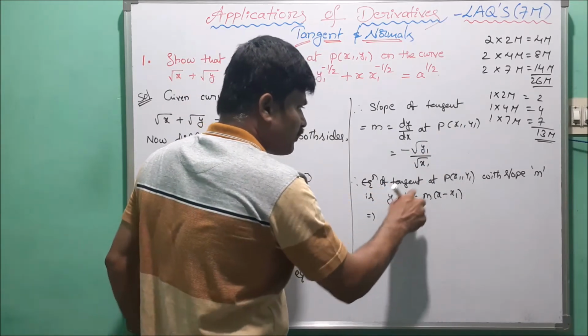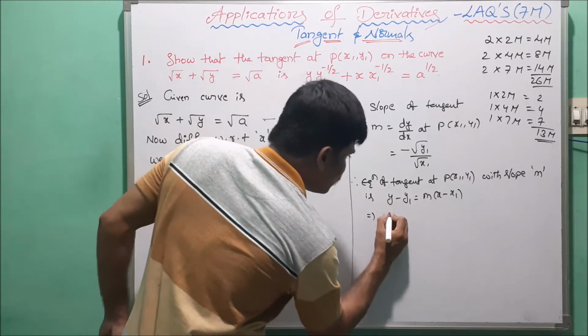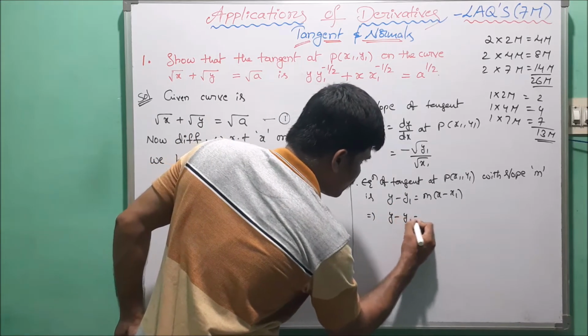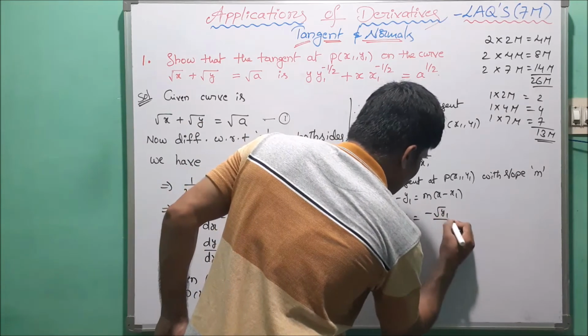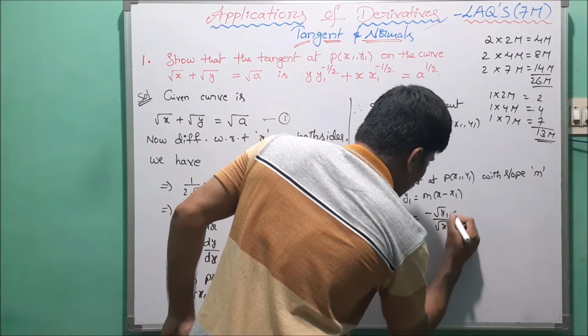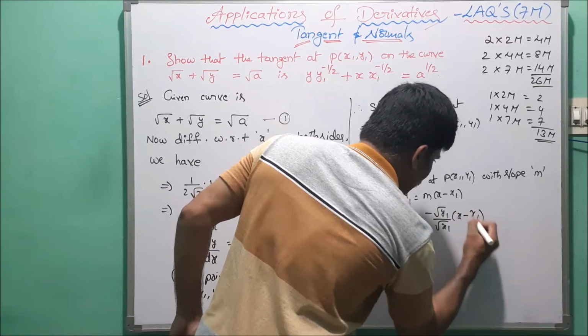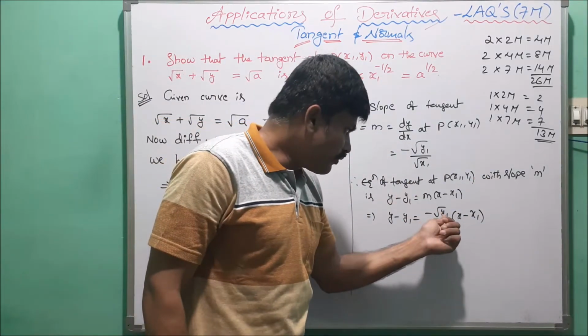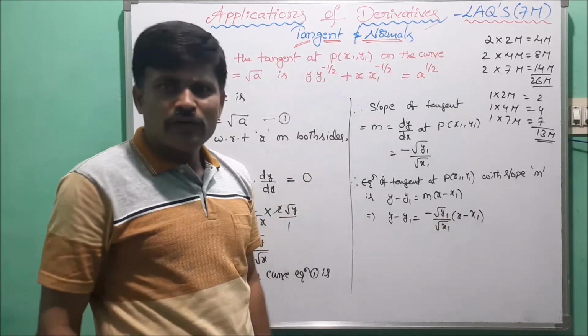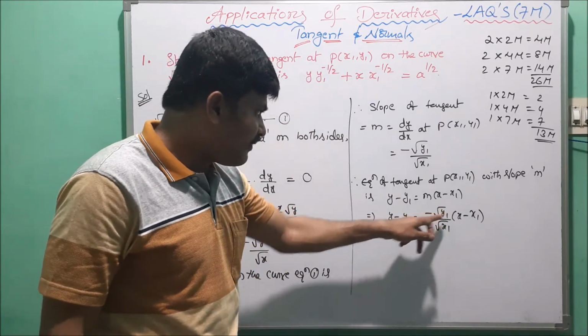Now we substitute the value of m: y minus y1 equals minus root y1 by root x1 into x minus x1. Clearly, root y1 can be taken to the left side, so we divide by root y1.